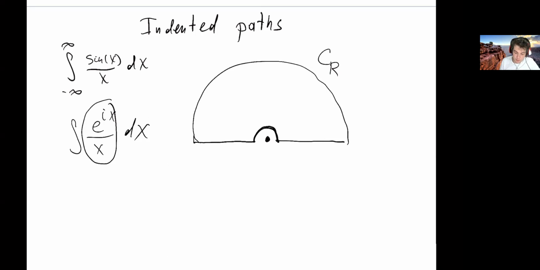A good question is, why didn't we go around it like this to have the pole inside the contour? It actually doesn't matter. It would also work. The actual answer is that I want to stay above the x-axis at all times, because we've seen that staying above the x-axis is actually nice. Now, we need to be really careful about the orientation. So our contour is oriented like this. In particular, this we will call C sub epsilon.